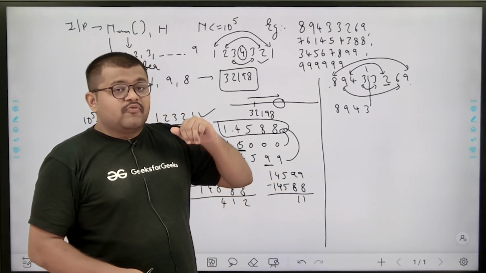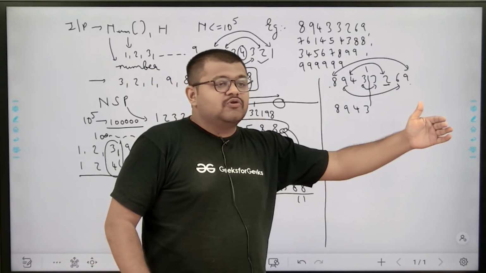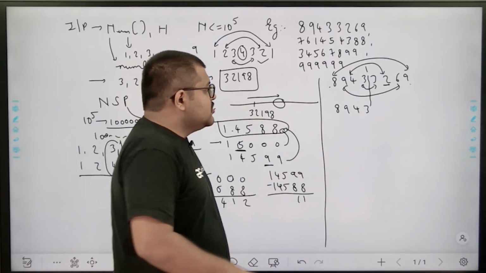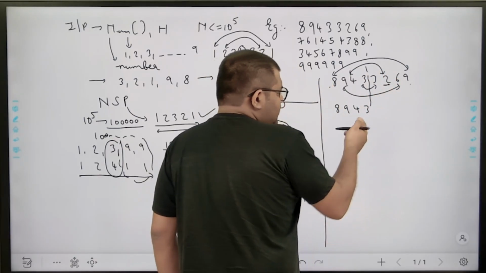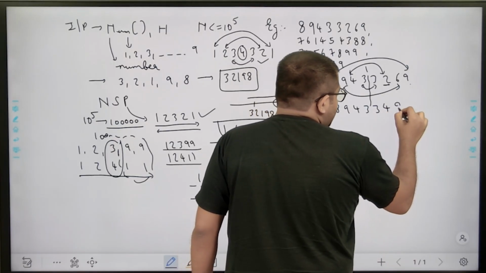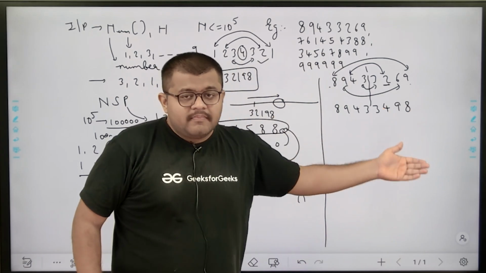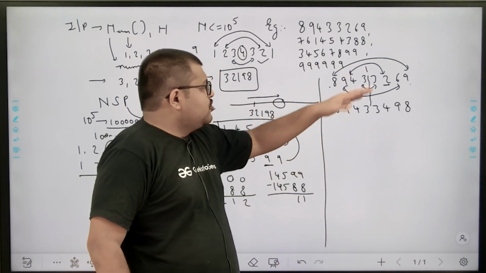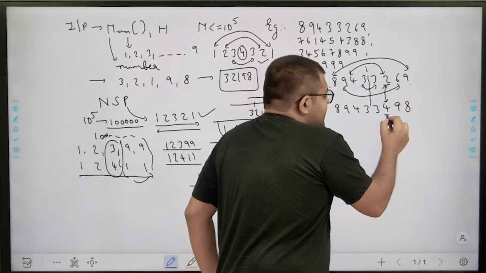But in order to find the smallest possible value, this change should be as close to LSB as possible. So I am not trying to make changes in this, I am trying to make changes in this. So this will remain 3 only, this will become 4, this will become 9, and I'll decrement this, this will become 8. Is this a palindrome? Yes. Is this greater than the original array? Yes, because the first differing digit is greater in this.